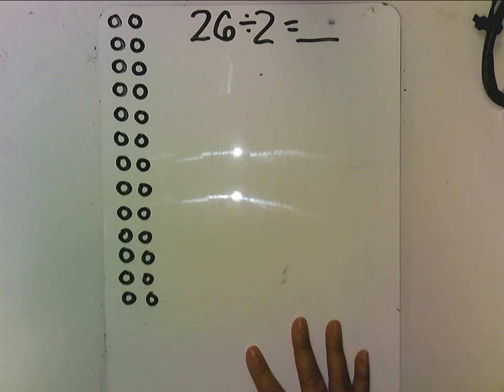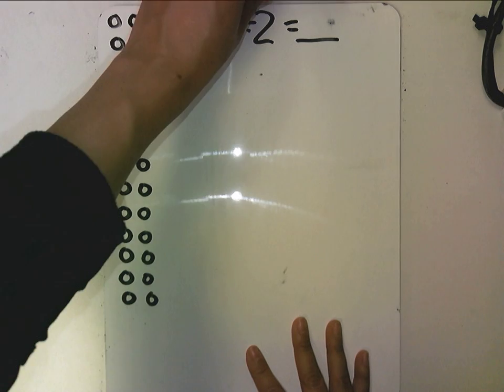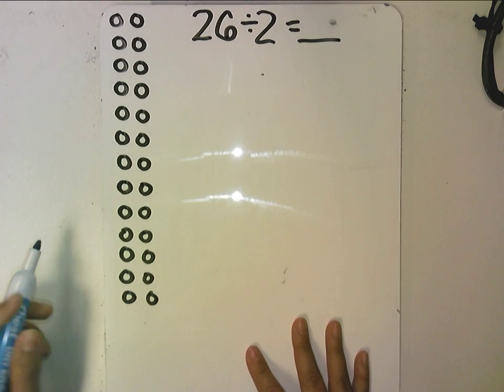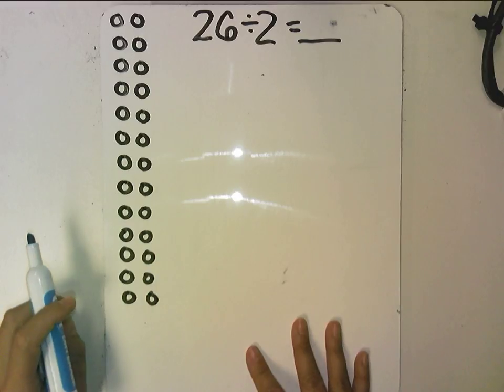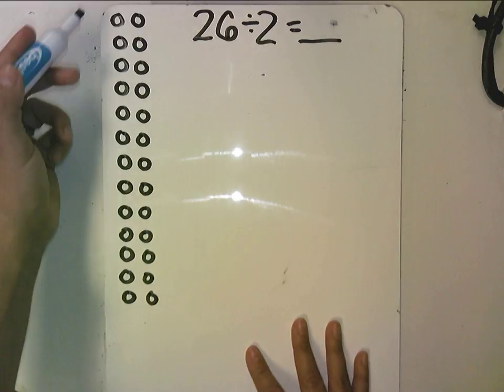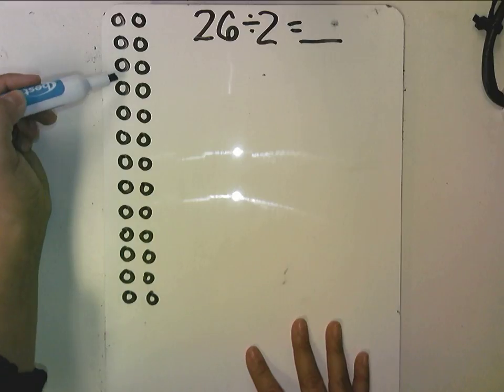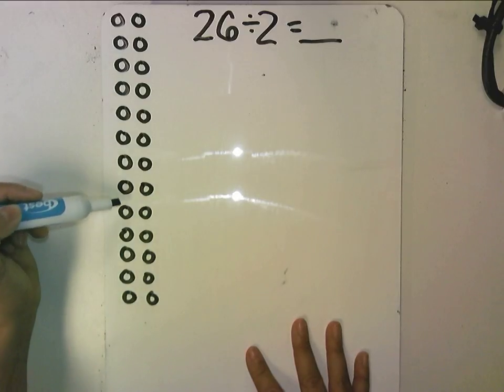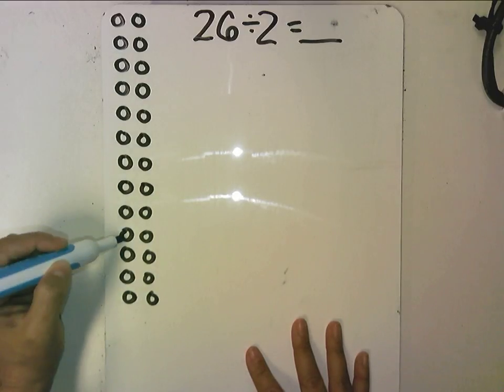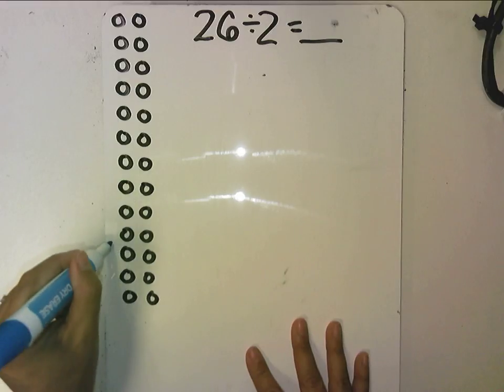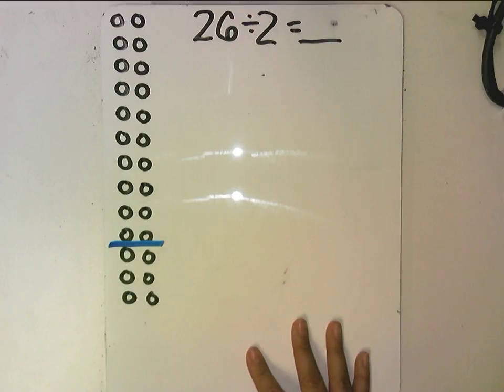So, just like we did before, we're going to draw a line after the 10th row of this array. So let's see where our 10th row is. 1, 2, 3, 4, 5, 6, 7, 8, 9, 10. Here's our 10th row. We're drawing a line right after our 10th row.